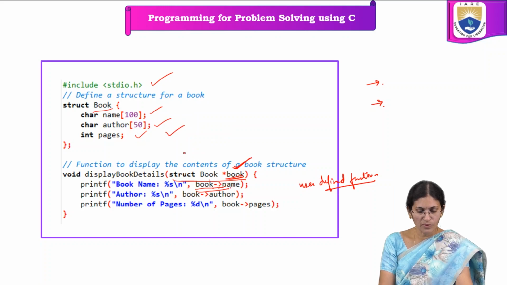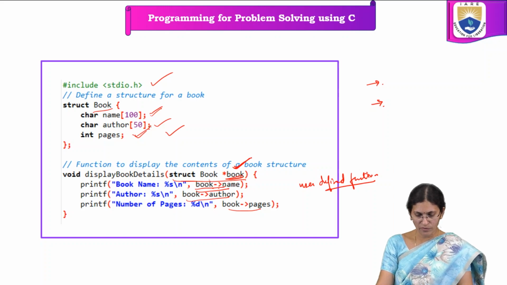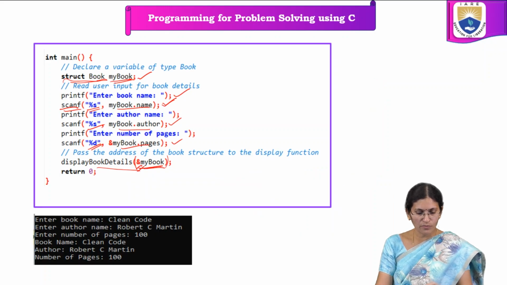Book name specifies the value for this particular variable, book author specifies the value which the user has given, and book pages specifies the pages information. Now let us execute this program and try to understand what the output of this program is.